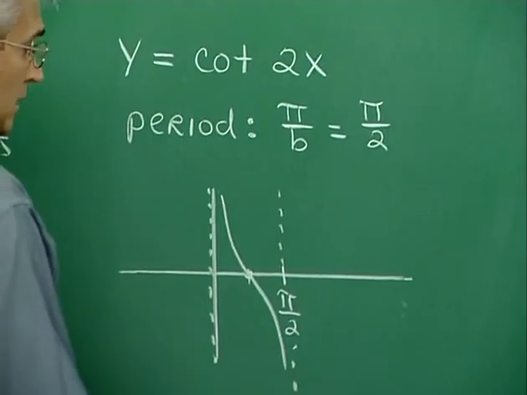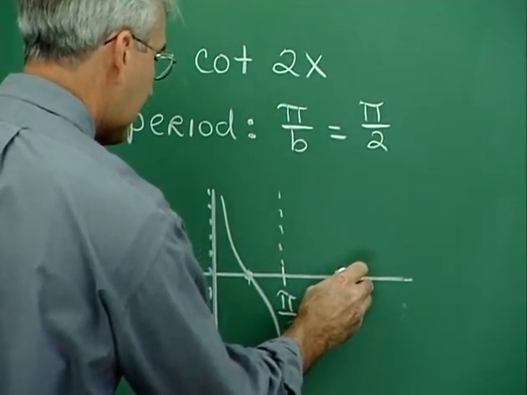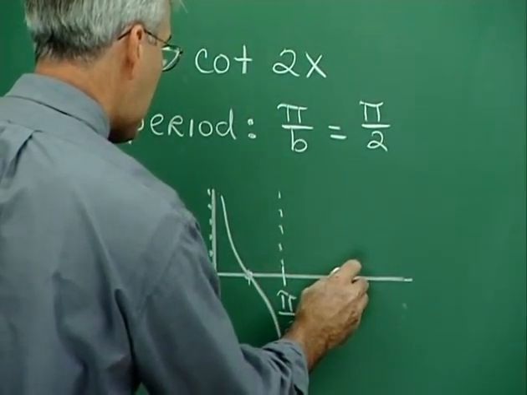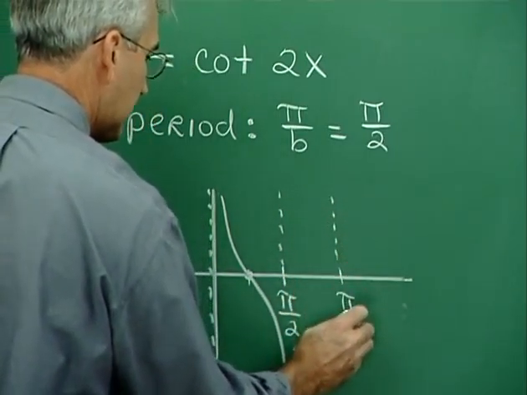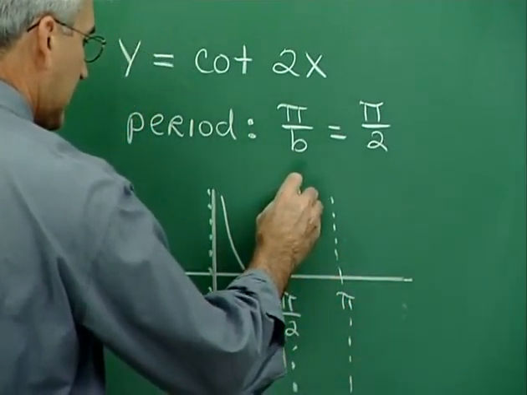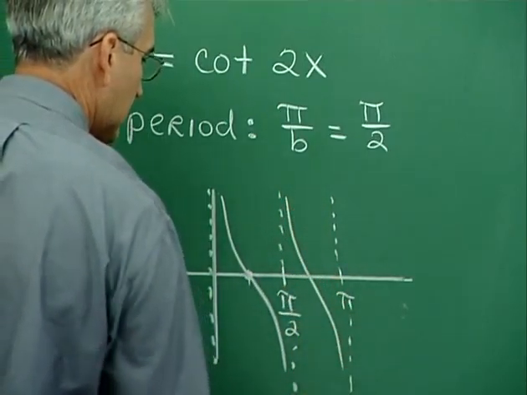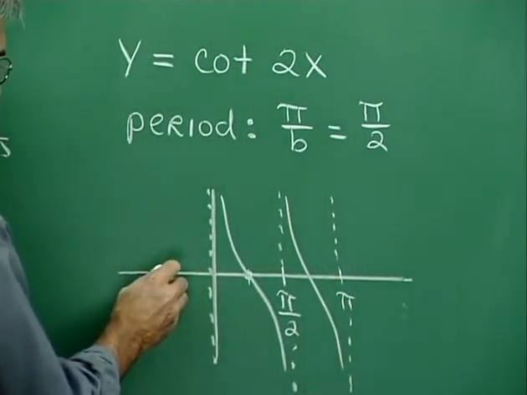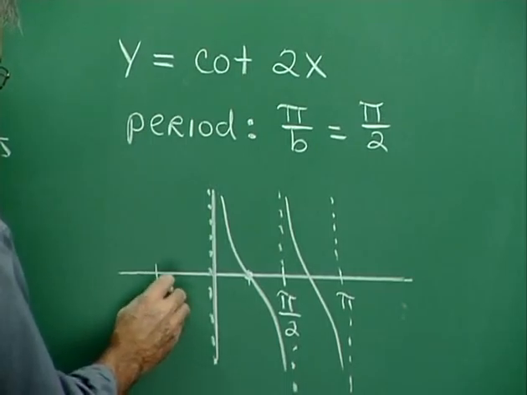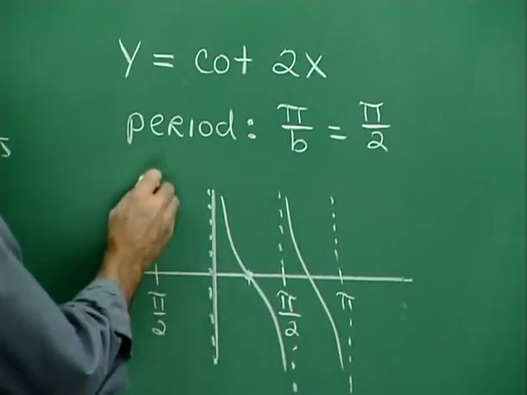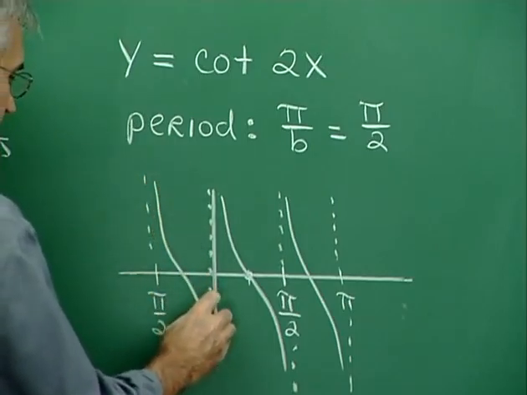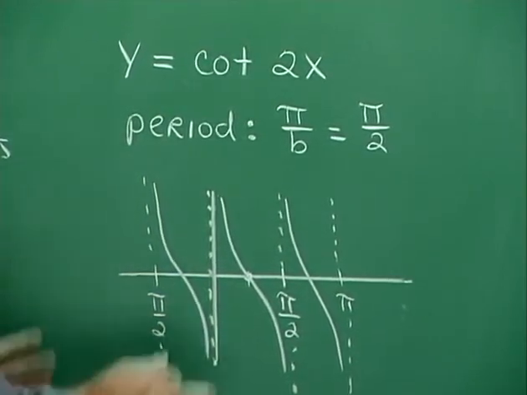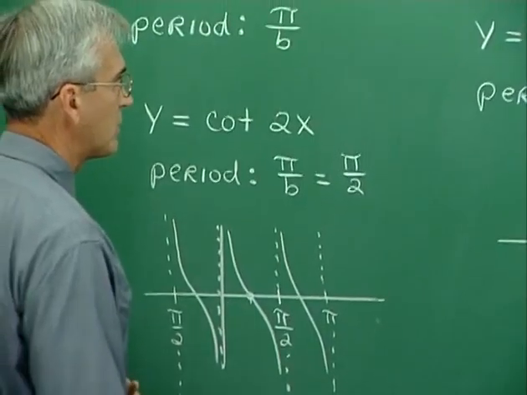So we have that. And let's just go over another cycle over here. Double pi over 2, and we have pi. So we have another asymptote at pi, and we have another curve, and back this way. I could do another one. I guess I'm doing this just because I like to. Okay, and continuing on in both directions forevermore.